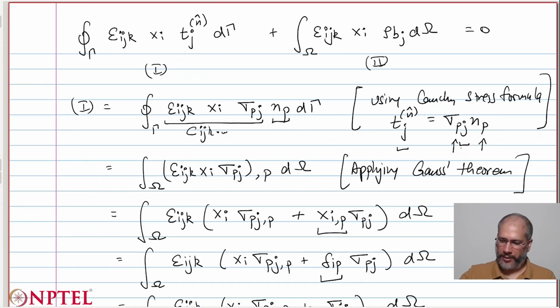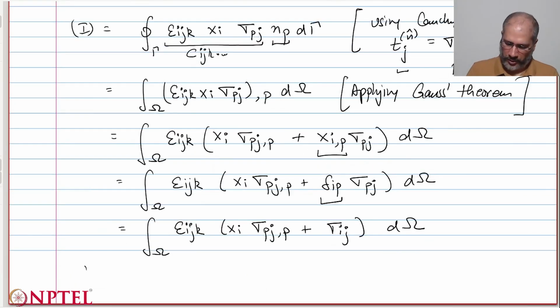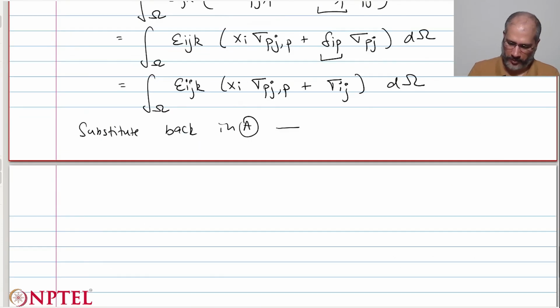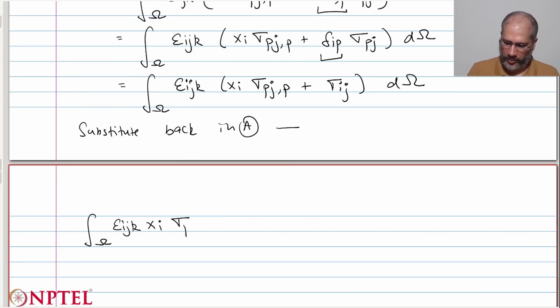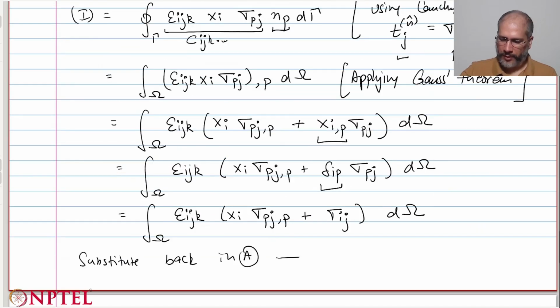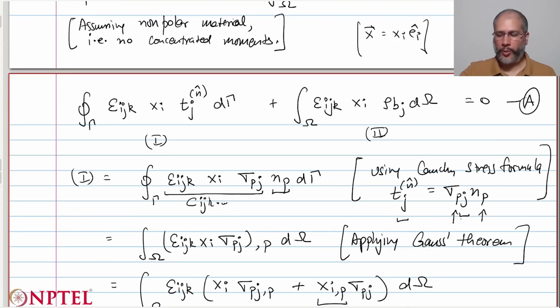So let's call this equation A. So we substitute back in A. So this becomes integral over omega epsilon_ijk times x_i times sigma_pj comma p plus epsilon_ijk sigma_ij plus, and now we have part 2 in equation A, which is also a volume integral.